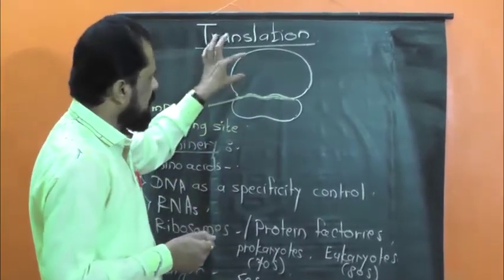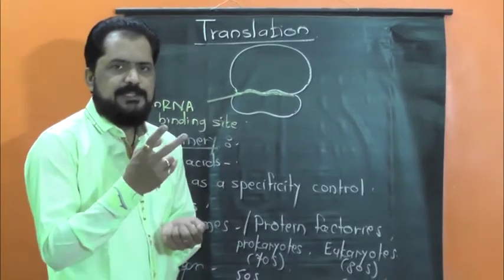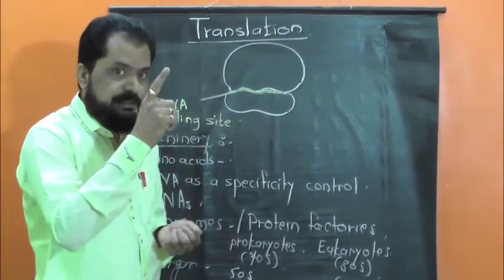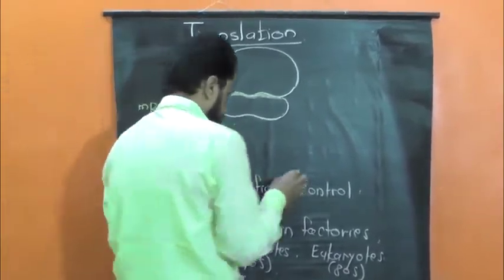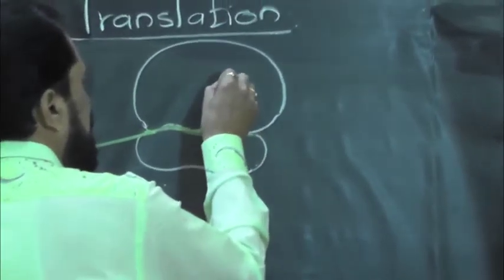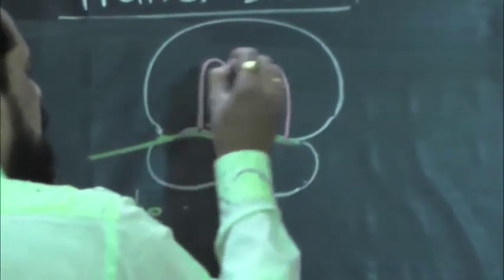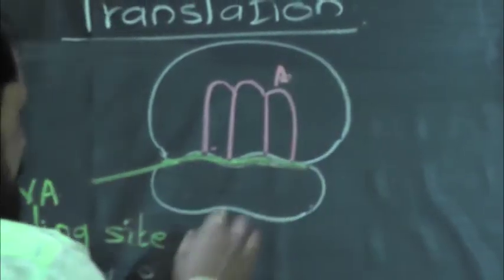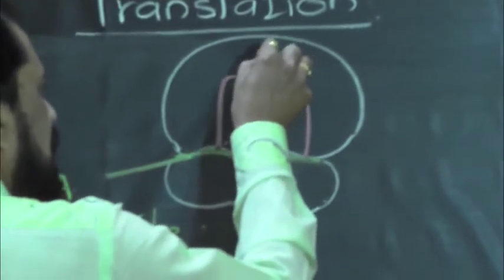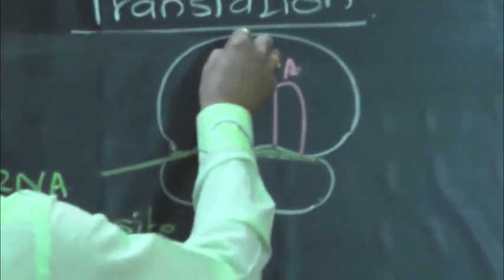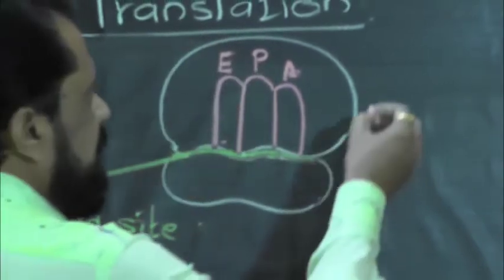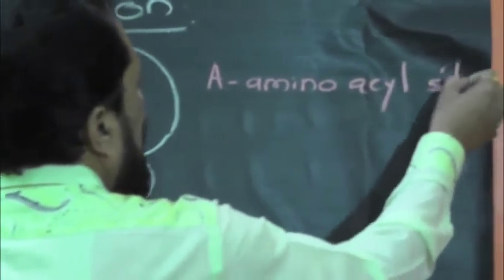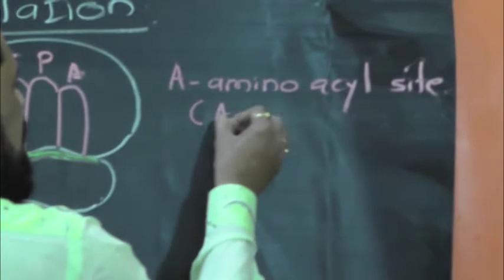Then the larger subunit of the ribosome has three different binding sites for tRNA. Look at the diagram. This is the A site, this is the P site and this is the E site. A site means aminoacyl site, or it may be known as acceptor site.